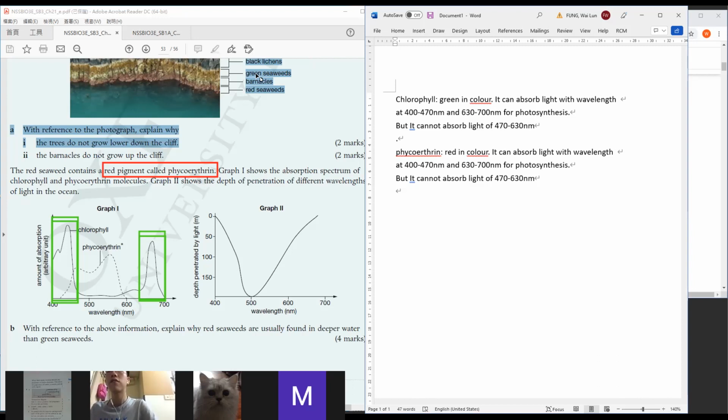For phycoerythrin, it can absorb light at this range.